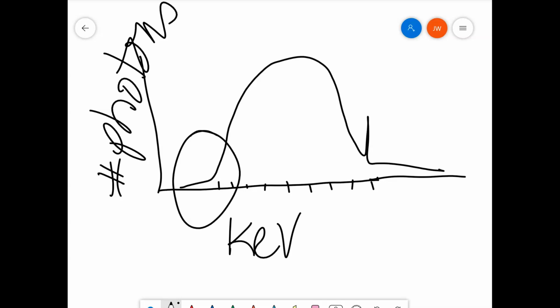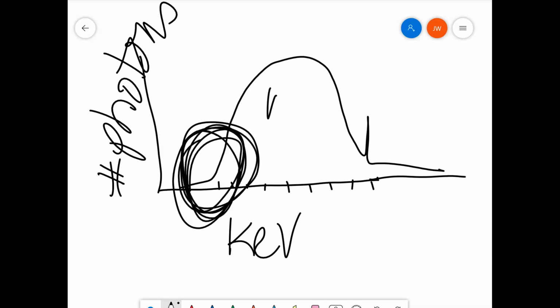However, because we're getting rid of these lower energy photons, the average energy of the photons in the beam is going to be higher. So that is going to affect the quality of the beam.